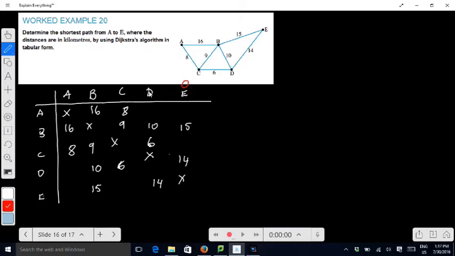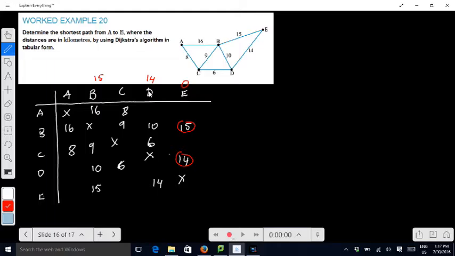B to D, which was 14, or we've got 15 over there. So in the spots underneath it, that's where they come from. Next step, go to the shortest distance, which in this case was D, and go down vertically. So we want D, and we go down.